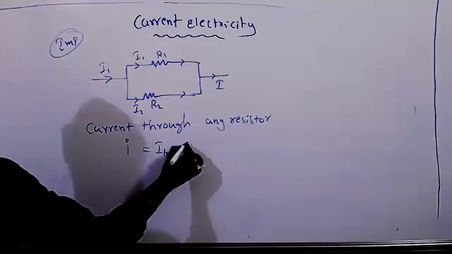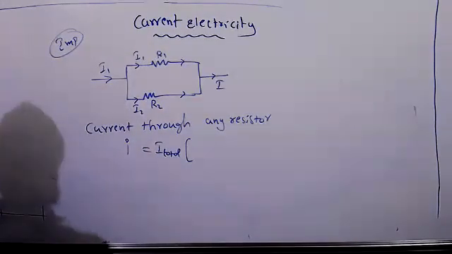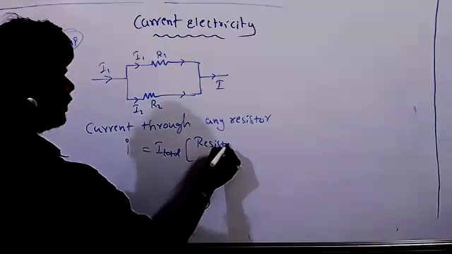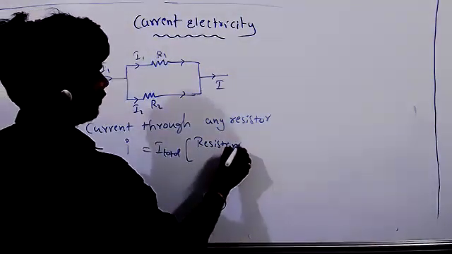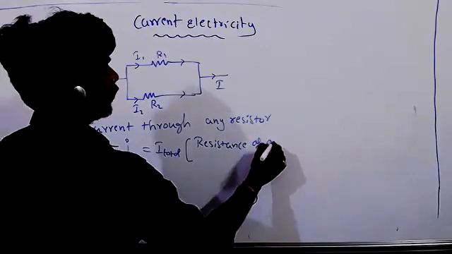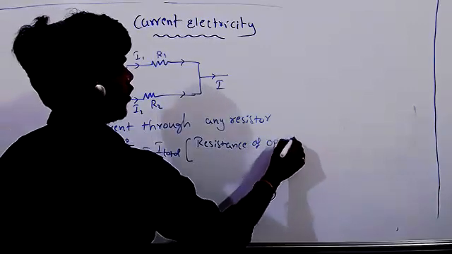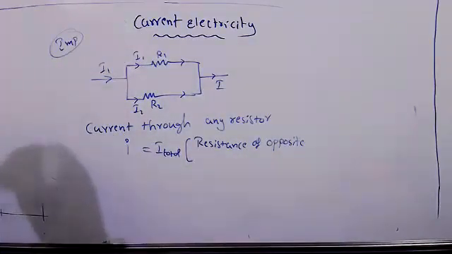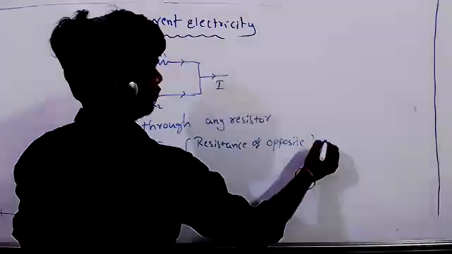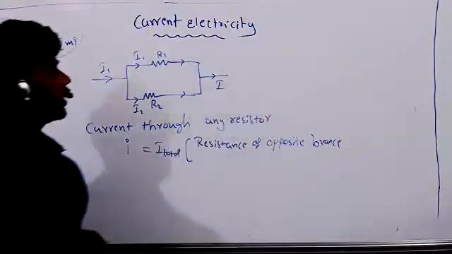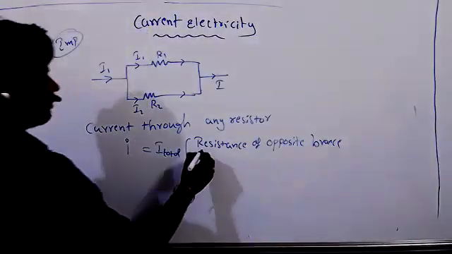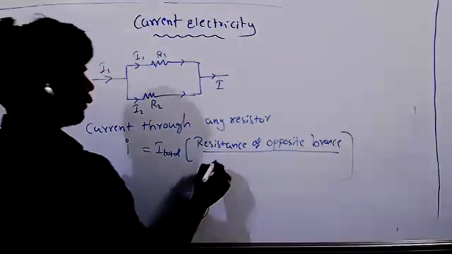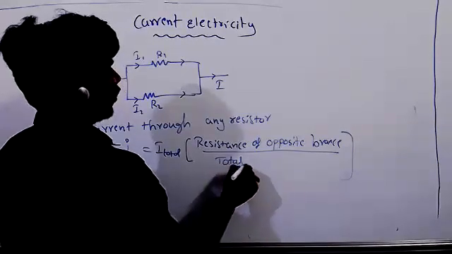I total into resistance of opposite branch divided by total resistance.